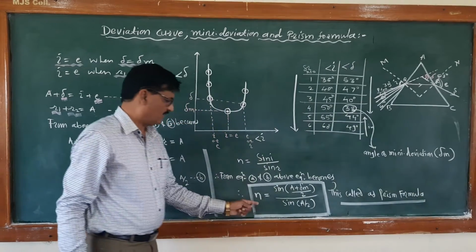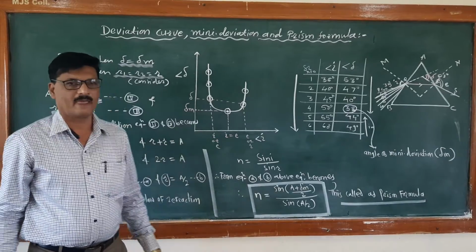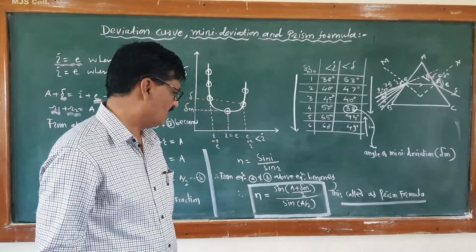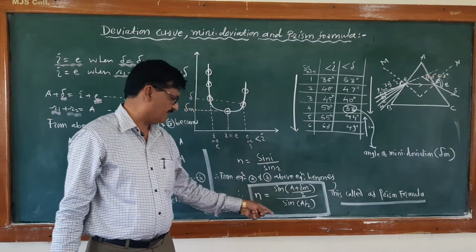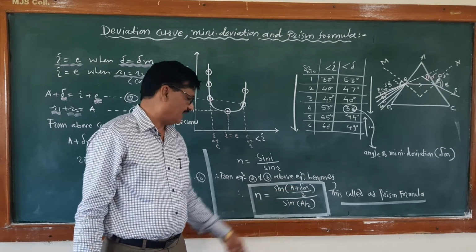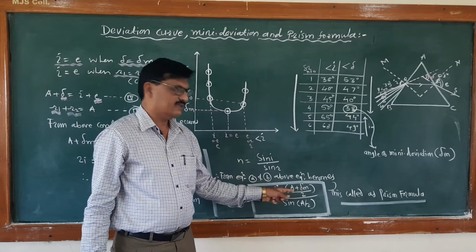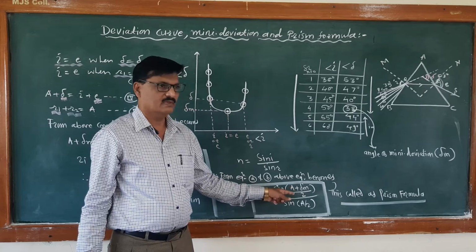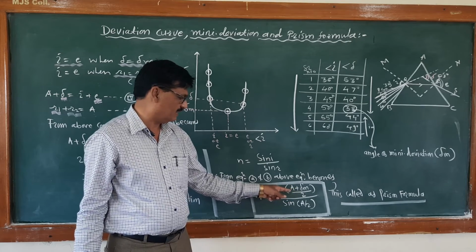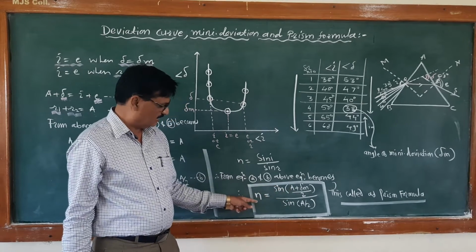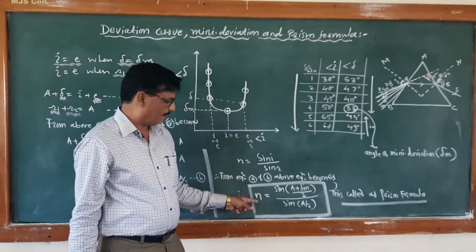Using this formula, we can calculate the refractive index of the material of a prism. If you know the value of the angle of minimum deviation del M, and already we know that for a prism the refracting angle capital A is 60 degrees, then we can calculate the refractive index of the material of a prism.